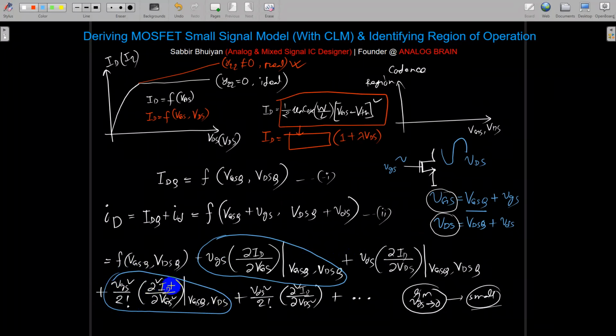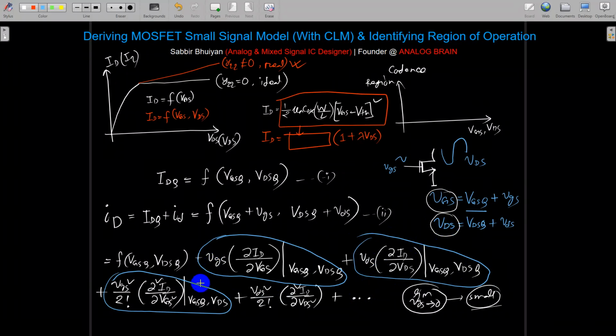And if it's greater than this second order term, then it will be greater than all of its higher order terms. Okay, and also it's true for this. So we can neglect all of the higher order terms if our v_GS is small. If our v_GS is small, then our amplified v_DS version will also be small.